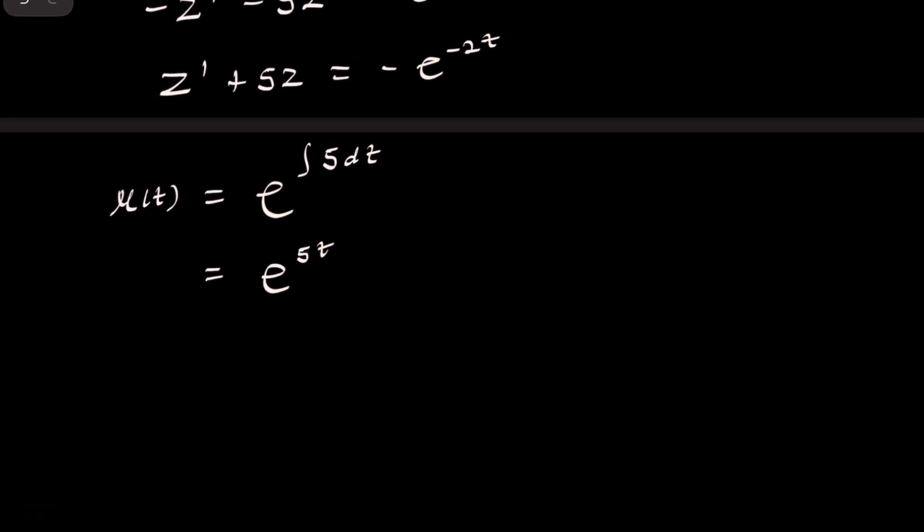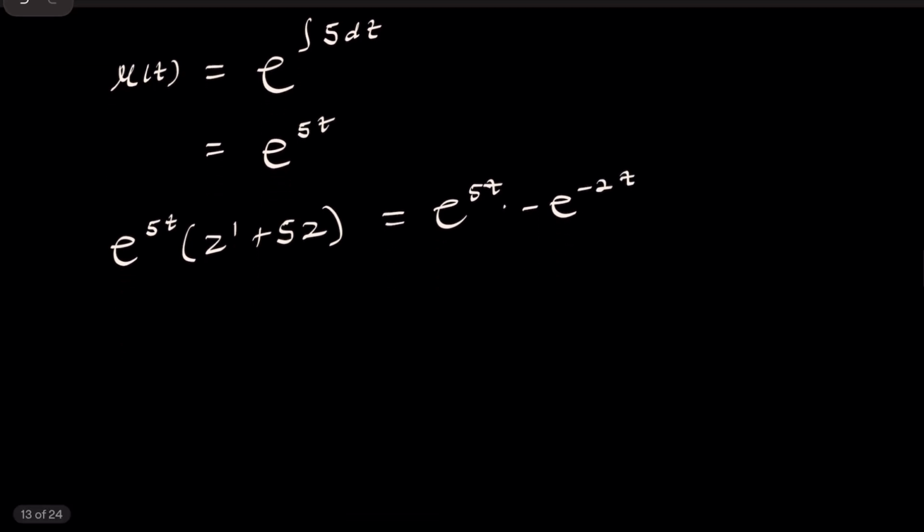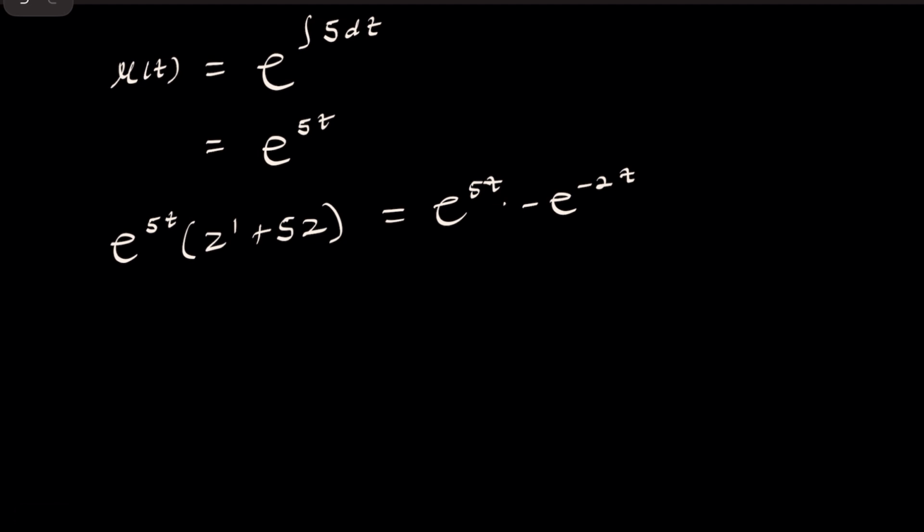So we multiply through this differential equation by the integrating factor, and so we have e to the 5t times z prime plus 5z is equal to e to the 5t times minus e to the minus 2t. So the left hand side will always be equal to the integrating factor mu of t, which is e to the 5t, times the dependent variable, which is z in this case, all differentiated with respect to t.